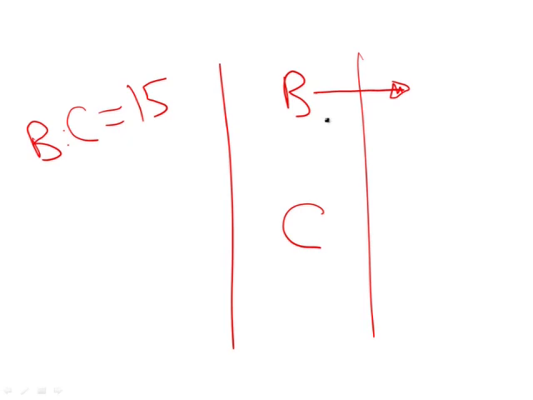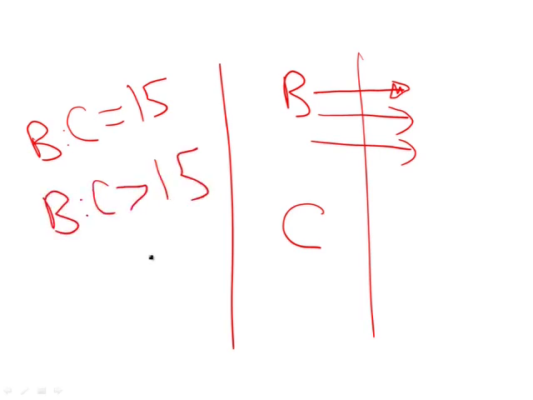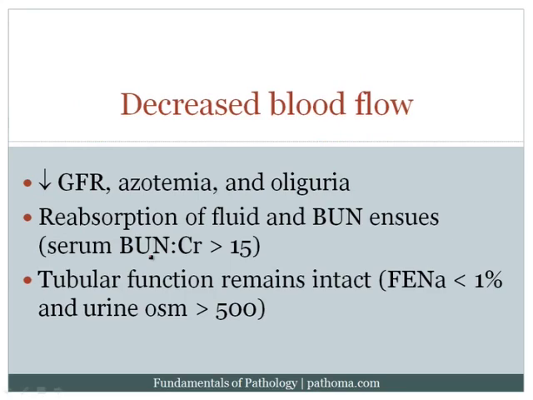Now, as you resorb water, additional BUN will flow into the blood, and as additional BUN flows into the blood, the BUN to creatinine ratio will now become greater than 15. And this is a particularly high yield point to be aware of, and that's why I've spent some time illustrating it. So let's go back, and what we say here in the text, we say that resorption of fluid and BUN will ensue, resulting in a BUN to creatinine ratio greater than 15.